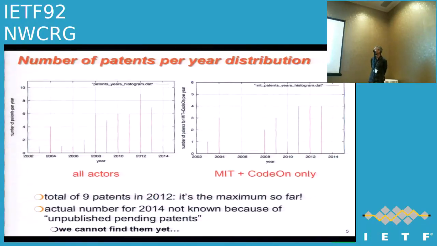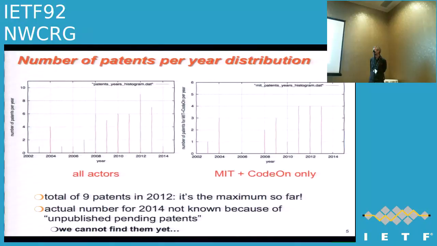Okay, so now let's consider the distribution over the years. On the left, all the patents that were considered, the 49 patents. It started in 2003, which is not a big surprise, up to last year. The maximum is in 2012. But you see that approximately every year now, since 2011, there are between 6 and 9 patents on the topic per year.